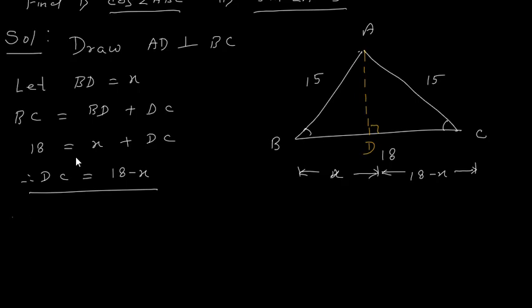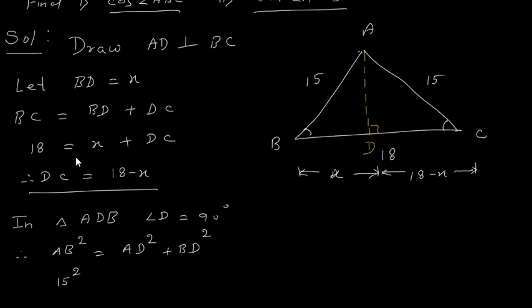So in triangle ADB, angle D is 90 degrees. Therefore AB square is equal to AD square plus BD square. The value of AB is 15.